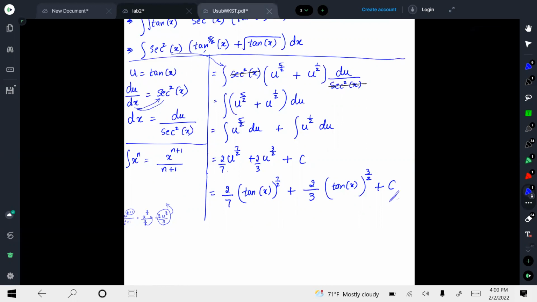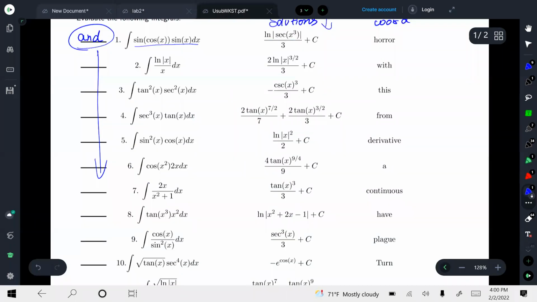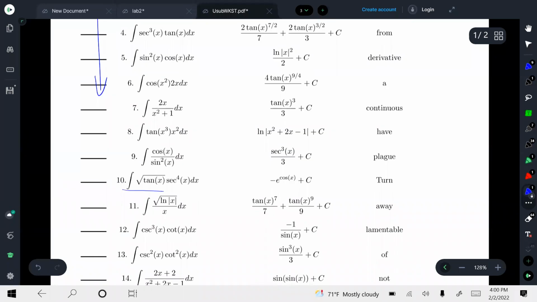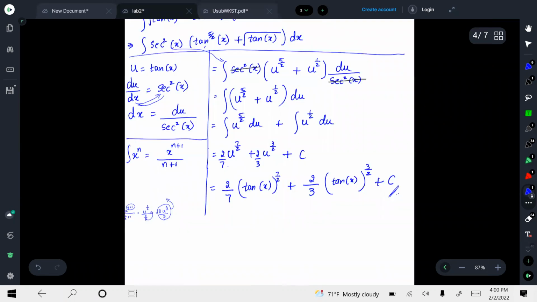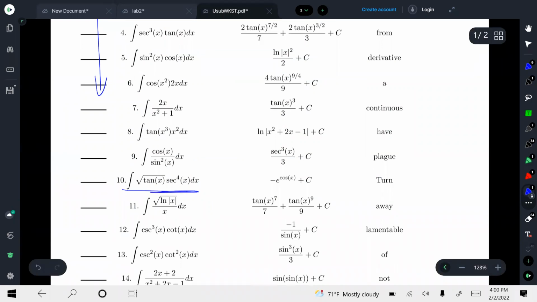Okay. Now let us come back here. Which problem did we do? It was the 10th problem, and the answer was tan of x to the power of 7/2. Okay, it's here.